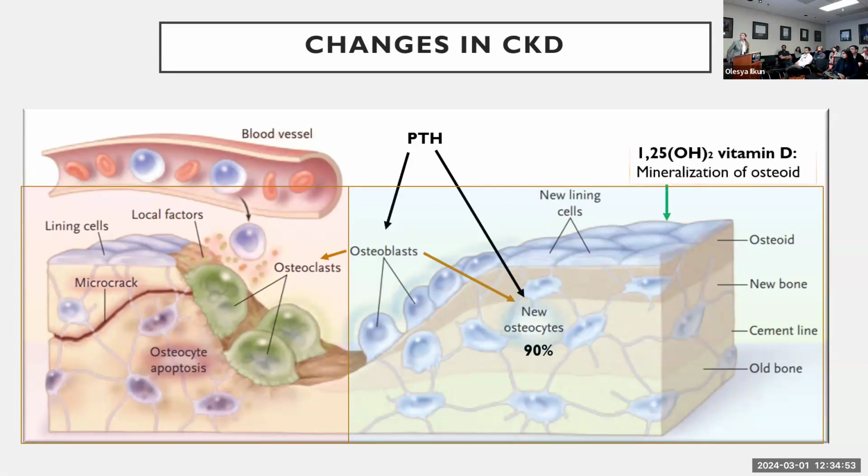At the same time, 1,25 dihydroxyvitamin D works on mineralization of osteoid. So that is when the new osteoid gets flattened and calcified. Osteoid is thinned, it was very thin in Miss M, and it is thinned in all of the dialysis patients and late stage CKD patients.